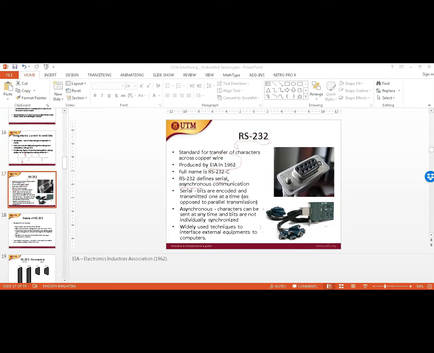Okay, I have explained how RS232 comes into the application, especially into the industry and consumers.